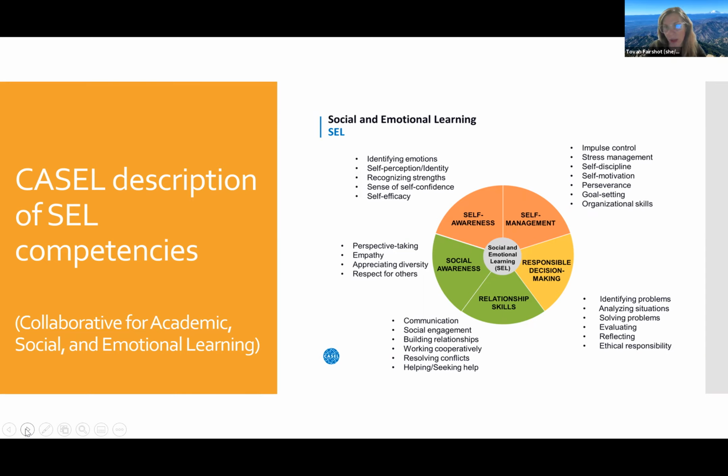They identify their problems, they analyze their situations, they solve the problems through evaluation, through reflection, and they recognize their ethical responsibility in problem solving.